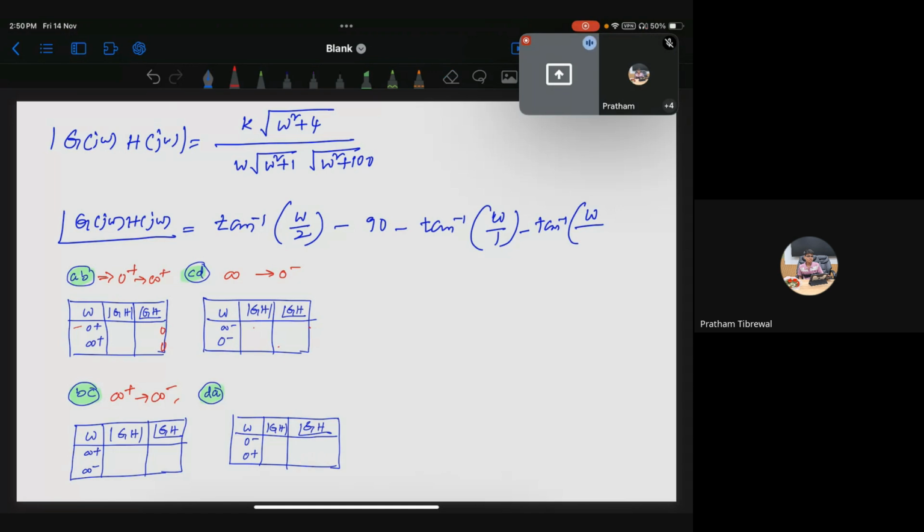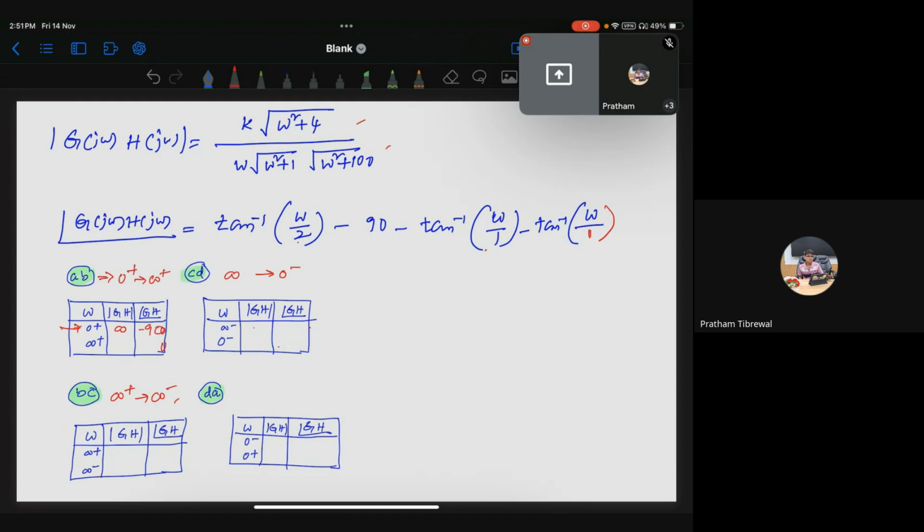So let's start with the first case. When omega is equal to 0 plus, this is going to be infinity, and on substitution the angle will be minus 90.